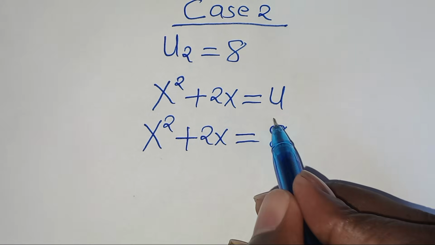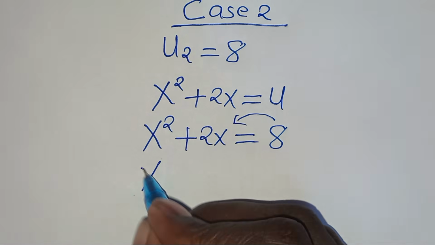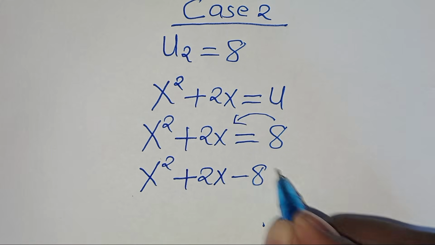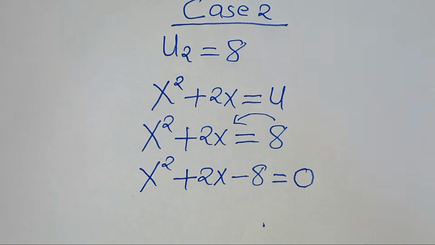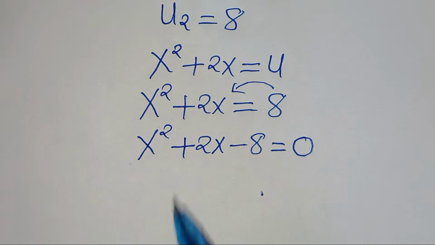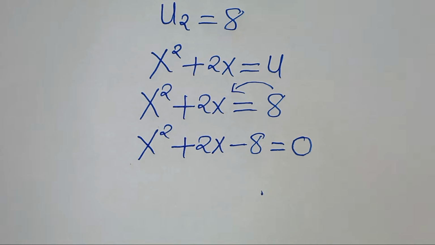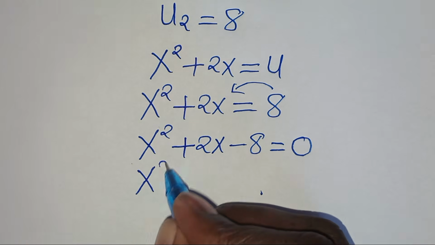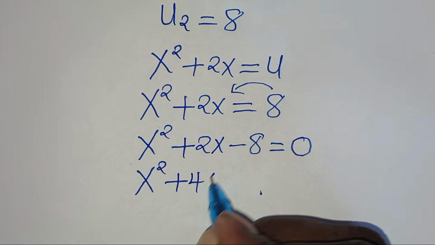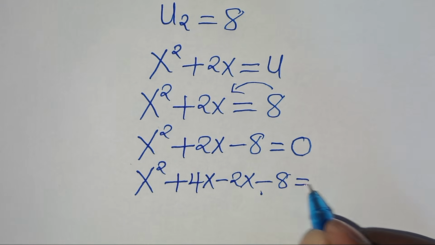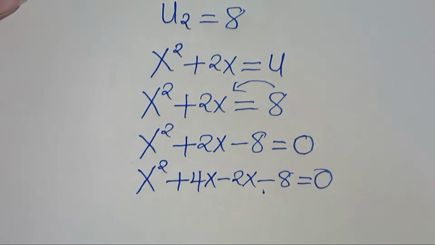So let's take 8 on the left hand side so that we have x to the power of 2 plus 2x subtract 8 is equal to 0. So this is the quadratic equation, we can solve this by factorization method, where we have x to the power of 2 plus 4x minus 2x minus 8 is equal to 0.